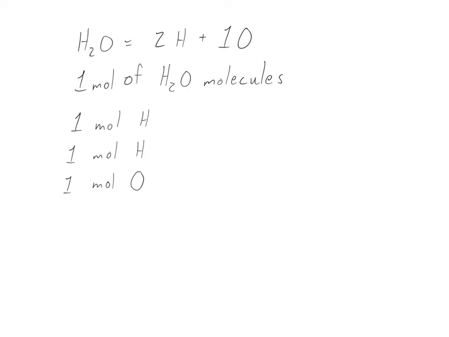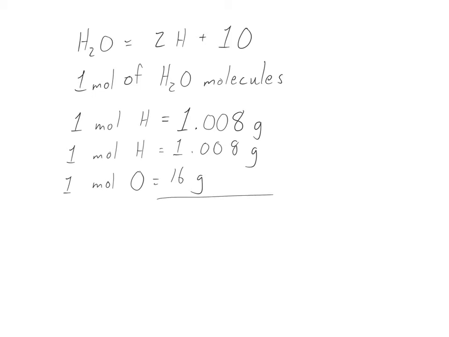And we know the weights on these. So if I want to know what a mole's worth of hydrogen weighs, I can just look that up on the periodic table: 1.008 grams. Pretty close to 1 gram. This mole of hydrogen is also 1.008 grams. A mole's worth of oxygen, I'm going to call it 16 grams. So this is what all the individual parts weigh.